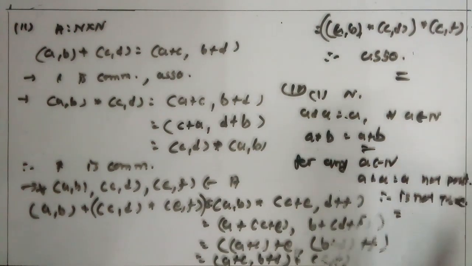Here the operation A star B is equal to A raised to 3 plus B raised to 3. So this operation is commutative but not associative. So number 2, commutative but not associative. This is the only true one.